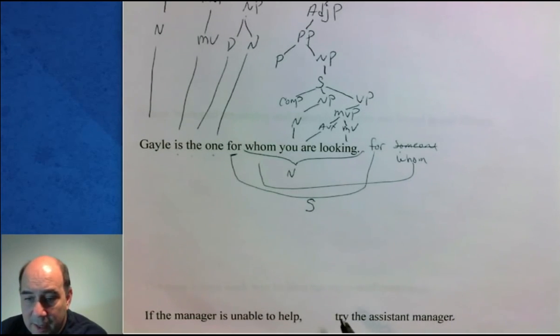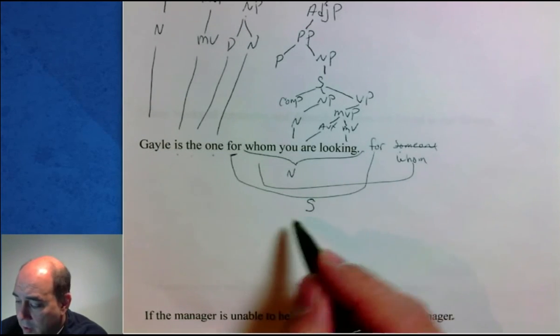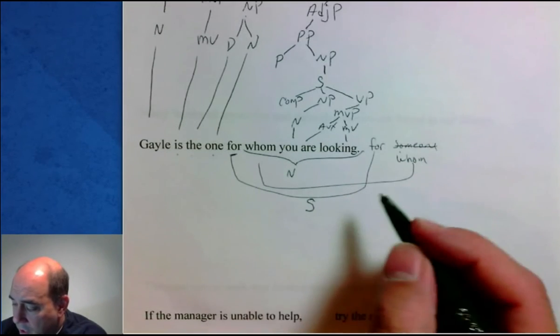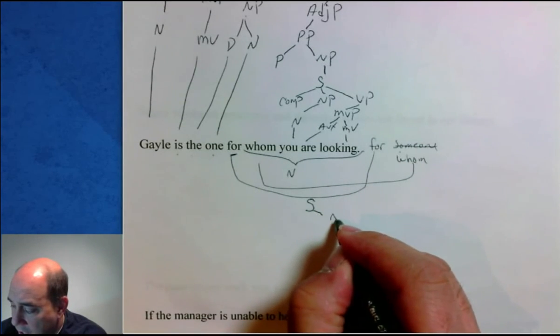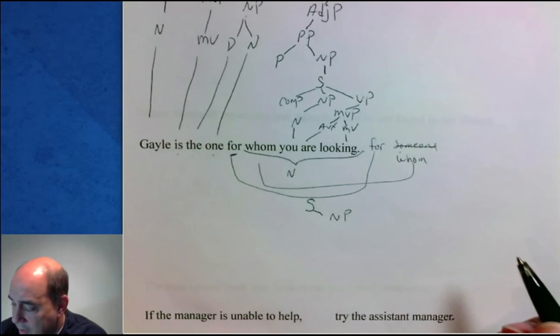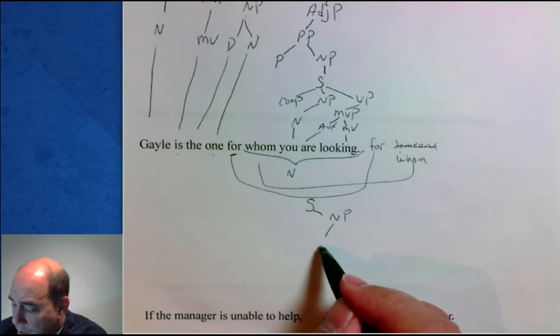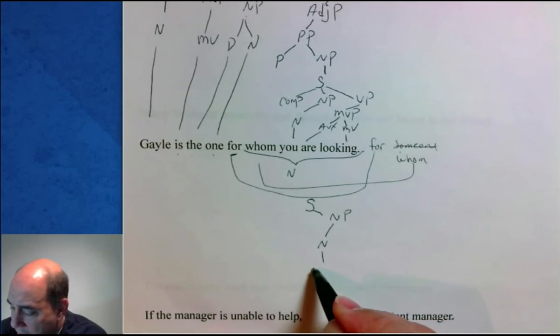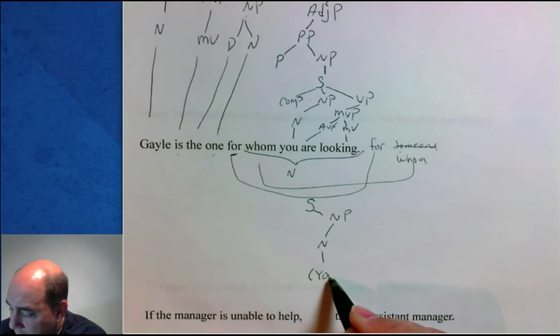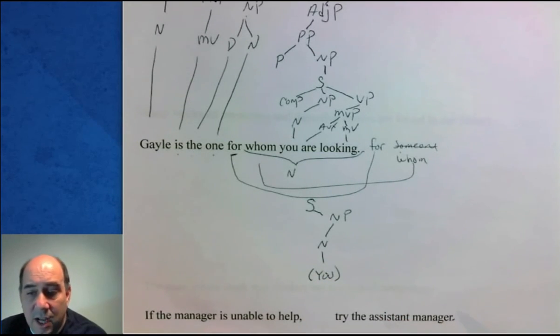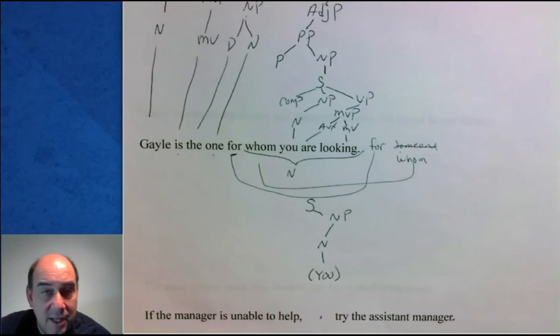Actually, this is odd, too, because there's no real subject in here. Let's forget about this side for a minute. Let's do our noun phrase, which is right here. And that goes to a noun, and that noun doesn't exist. Okay? It's the understood. It goes right here. You, try the assistant manager.